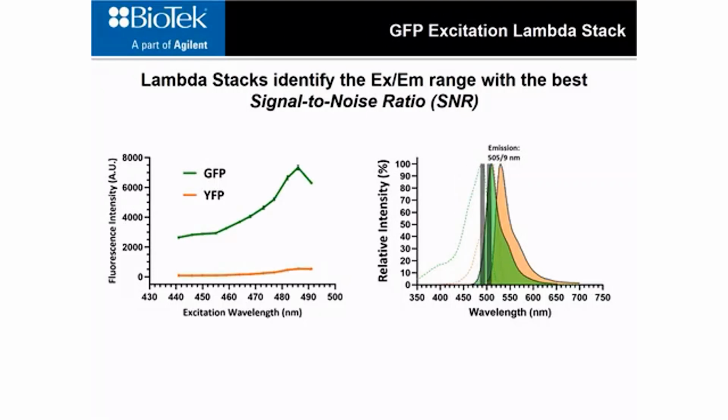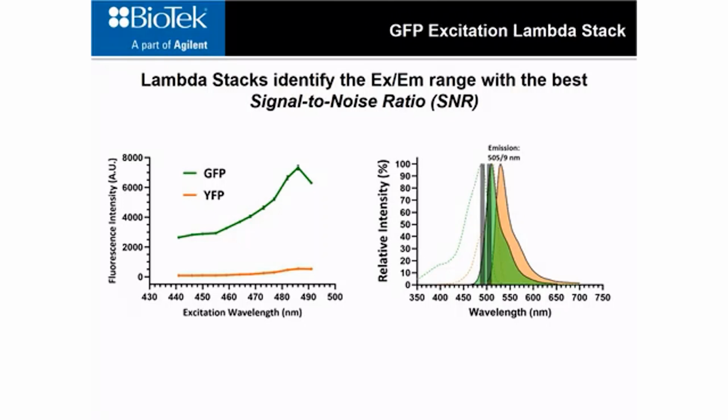And what you'll see here is as you get closer to the ideal wavelength for GFP, you'll see an increase in signal. And of course, because you're also encroaching on the excitation of YFP as well, you'll see a slight increase there.